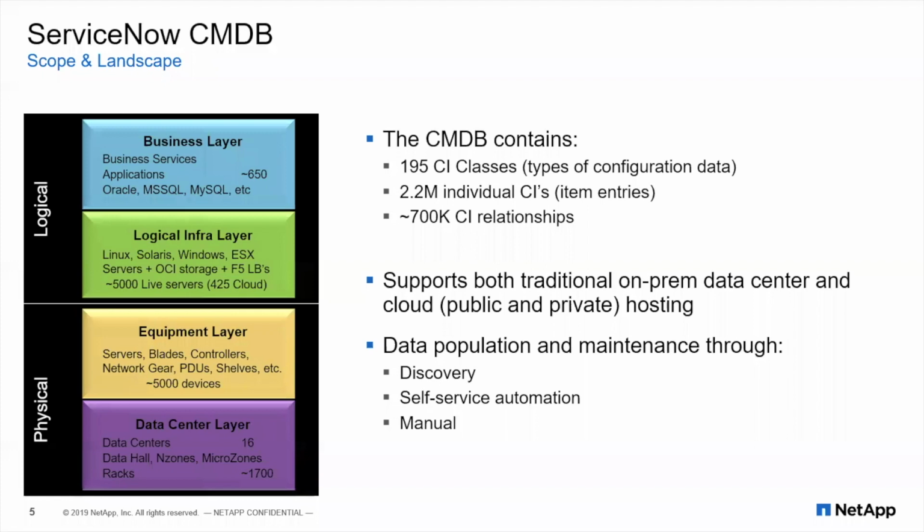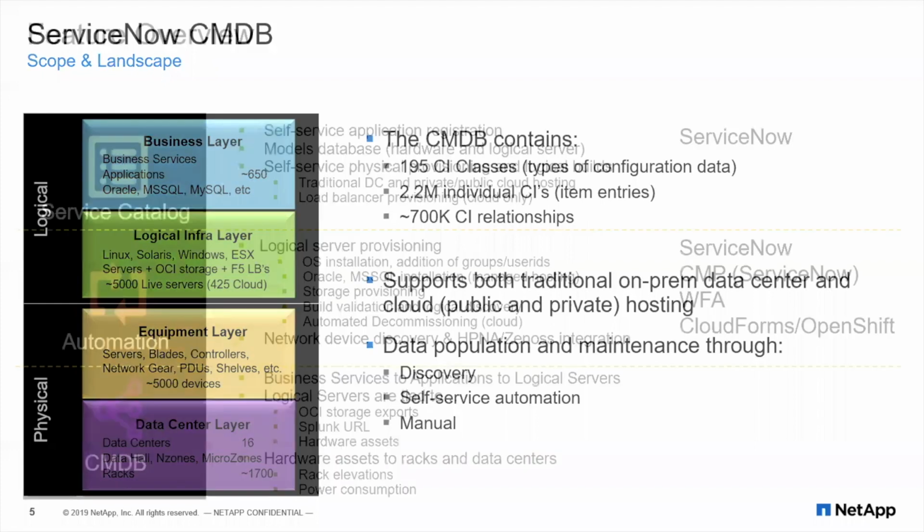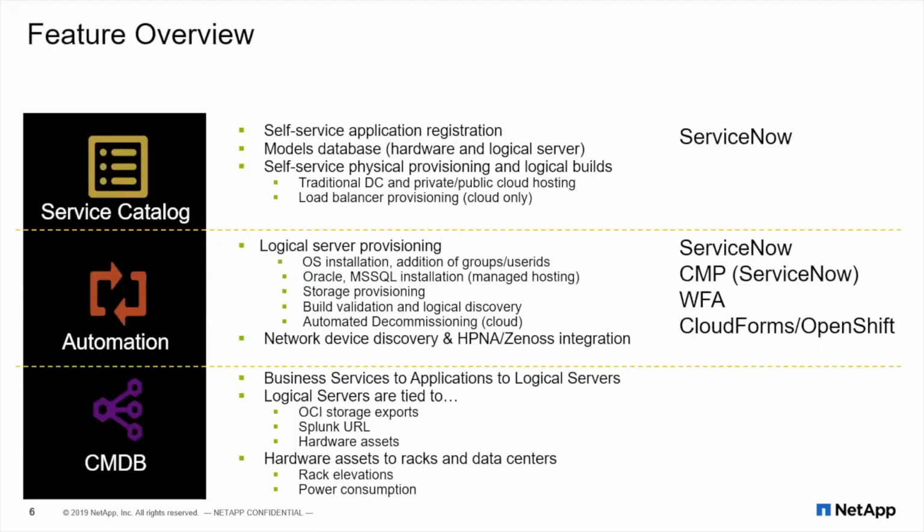So again, with the idea in mind that our CMDB from the outset really needed to be accurate and needed to have the least amount of manual intervention as possible when we implemented it using ServiceNow, we used quite a few peripheral features, one of which is the models database.